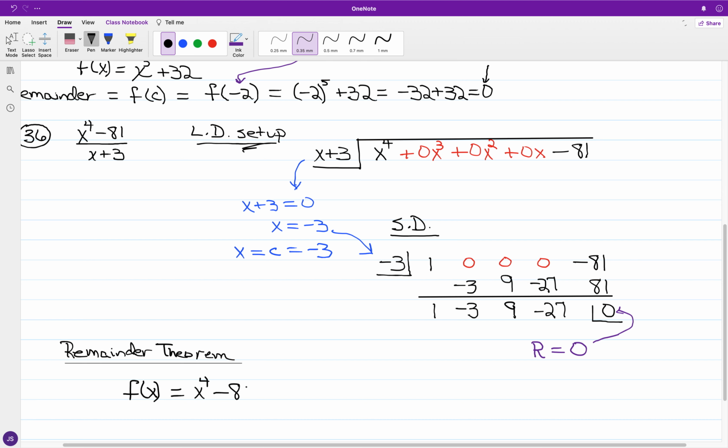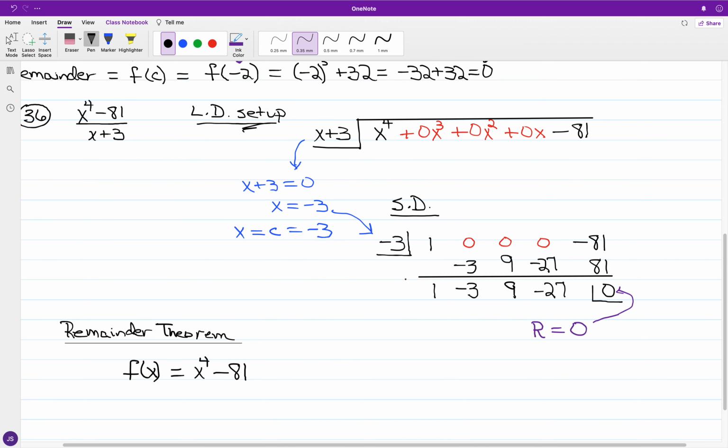And if you have a linear divisor, okay, think about the remainder theorem, you're looking at the function value, and also you're not having to worry about 0 placeholders. And again, we have that the remainder is equal to f of c.